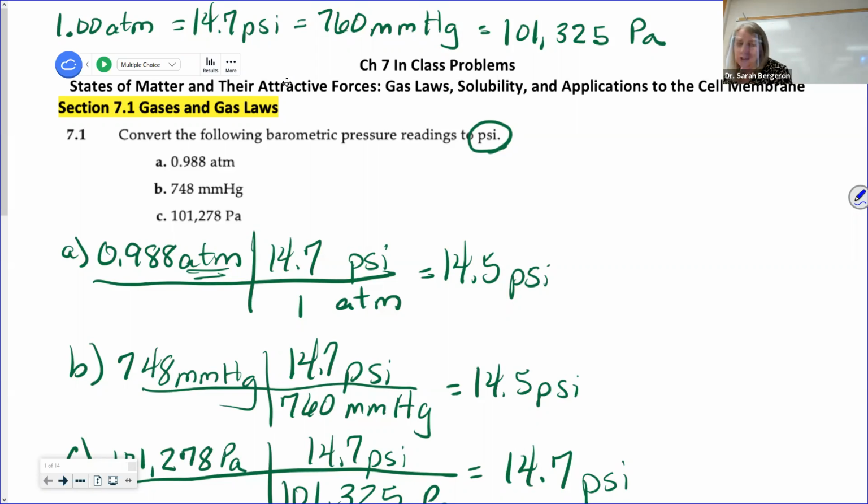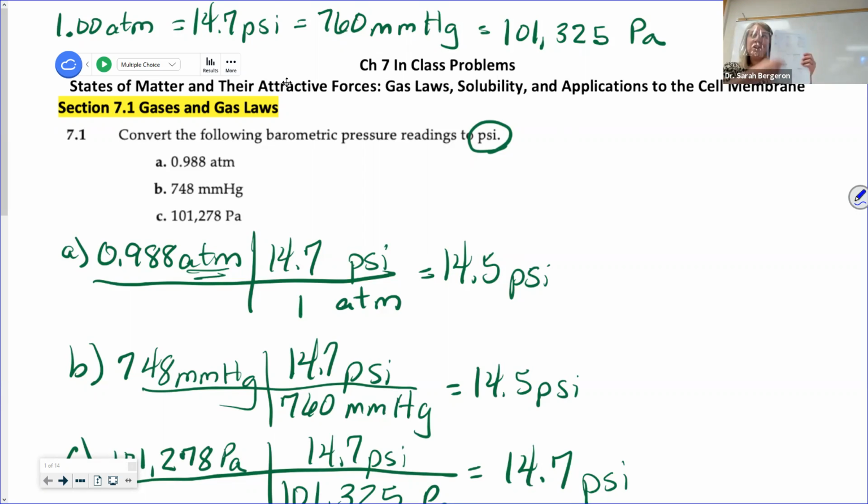At the very top of the screen I have some equivalencies listed. 1 ATM is equal to 14.7 PSI is equal to 760 millimeters Hg is equal to 101,325 pascals, right? These are all given to you. They are on your equation sheet. Can you find them?